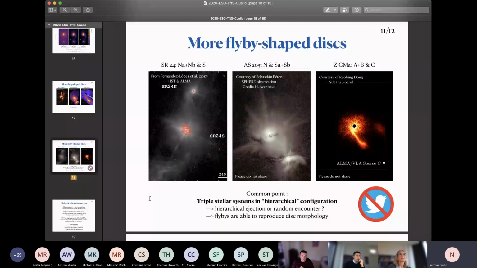But there is also a whole population of very small disks, which might be the result of dynamical encounters in the very early phases. But I haven't estimated how many of them. But I think the dynamical interaction at the very early stages is definitely important.